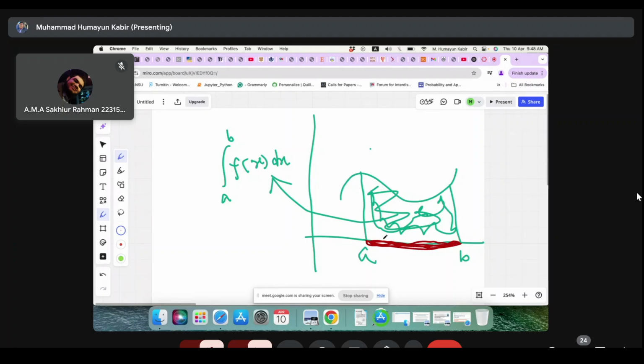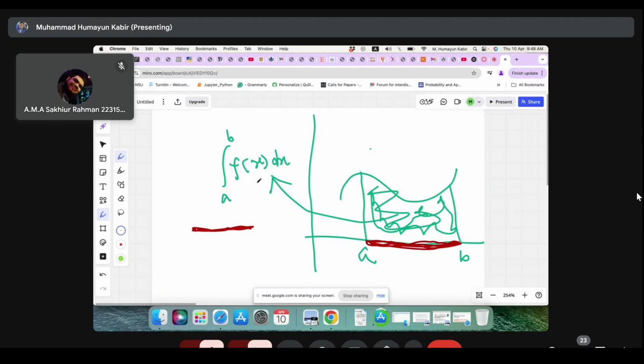Now, if I draw this red portion separately, then what would be your comment on this part where this integral is defined? I mean, what is its shape? It's a straight line. Exactly, straight line. This is the most important thing that we are looking for.